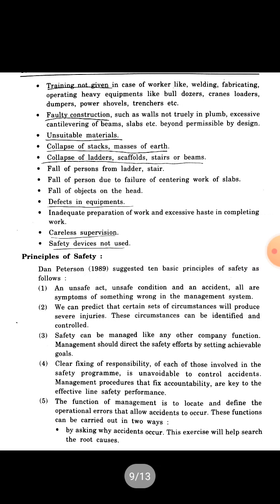behavior of the worker. Training is not given, faulty construction, unsuitable material, collapse of stacks, masses of earth, collapse of ladders, scaffold, stair or beam, and fall of a person from the ladder or stair, failure of centering work of slab, fall of objects on the head, defects in equipment, inadequate preparation of work, excess heads completing, careless supervision, and safety devices are not used.